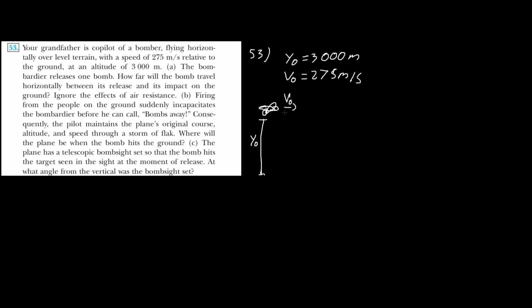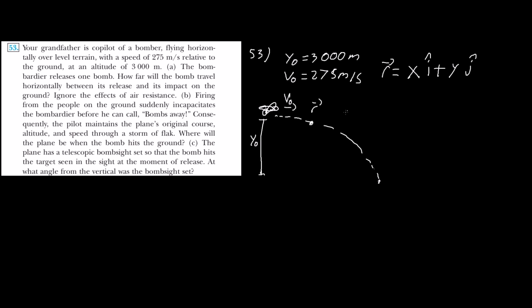So let's set up the motion here. Part A: how far does the bomb travel? Let's find the time it takes for this bomb to reach y equals 0. I'm going to use the vector notation that you guys like. I'm going to write r as x in the i hat direction plus y in the j hat direction.